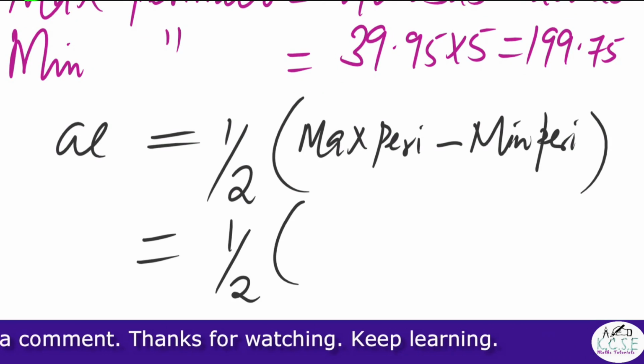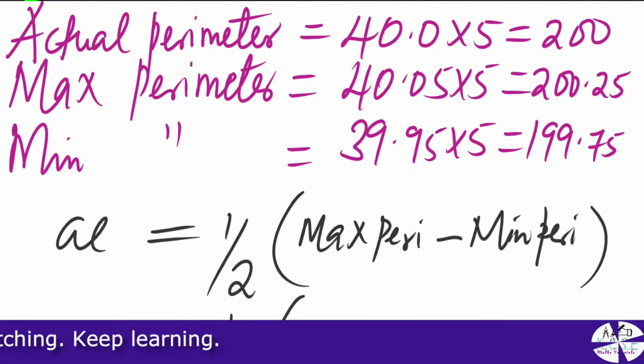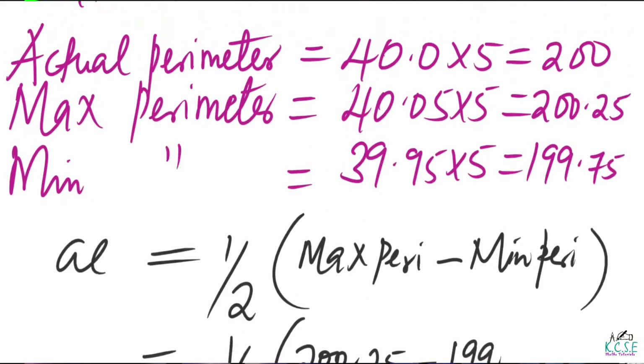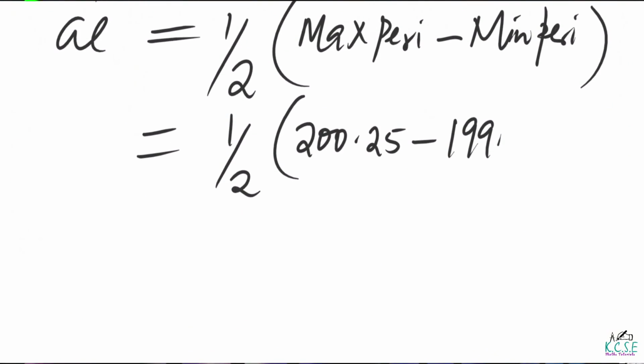The maximum perimeter we've obtained is 200.25. Minimum is 199.75. The difference is 0.5.